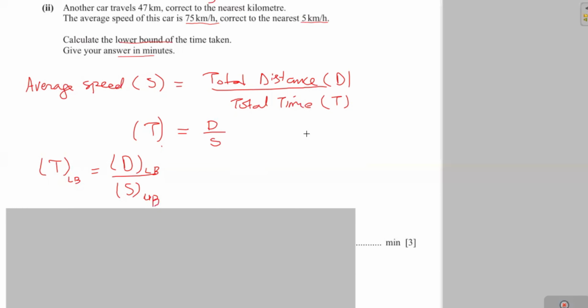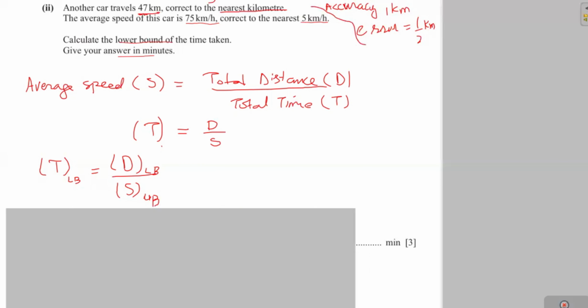The lower bound distance is equal to the actual distance plus or minus the error. Look here, this is the accuracy of the distance. Accuracy of distance here is 1 kilometer. The error will be half of this value. Therefore, this value will be 1 over 2 kilometer.